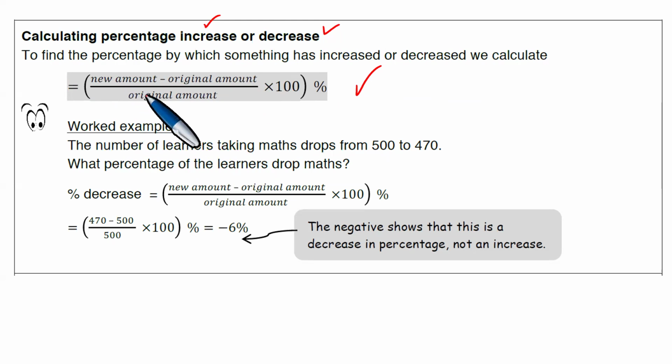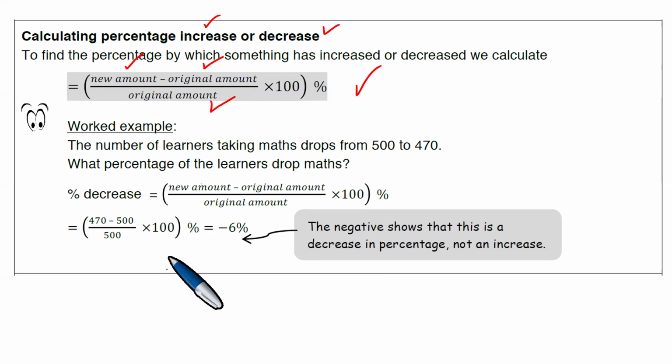New amount minus original amount divided by original amount. This is the formula: the new amount minus the original amount, divided by the original amount, times 100%.